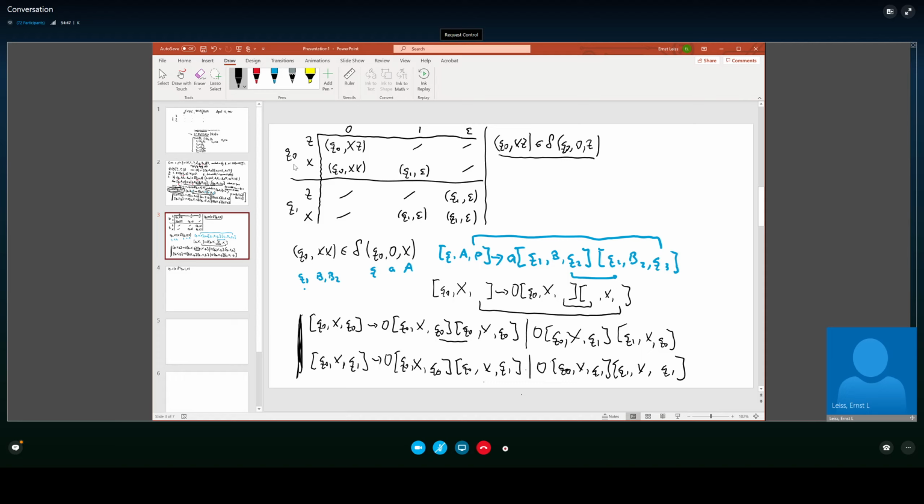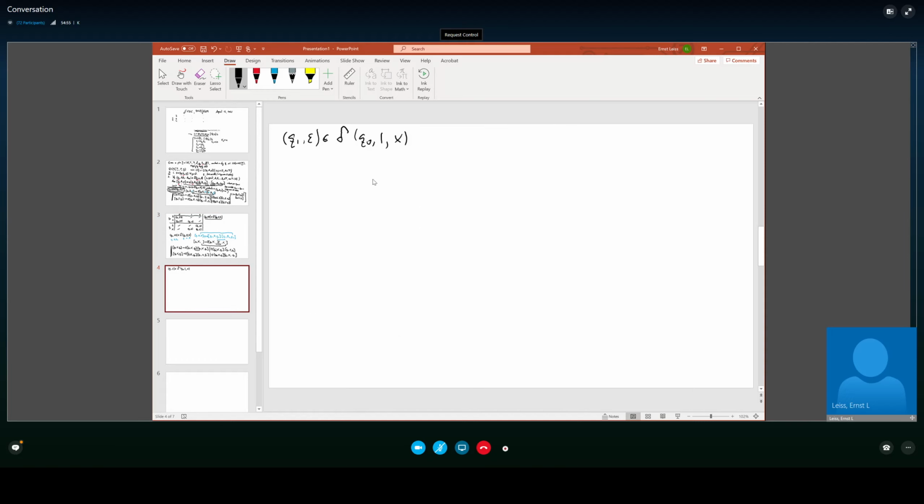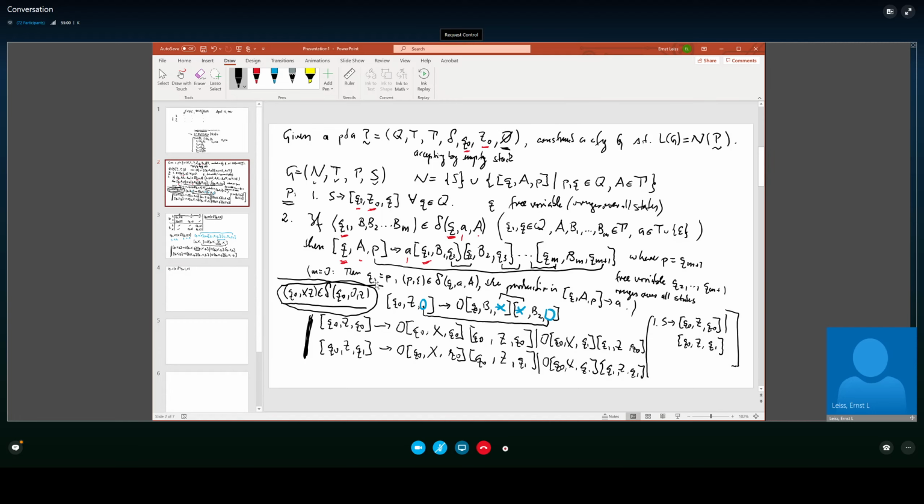Q1 epsilon is in Q's delta of Q0, 1 and X. That's what that is. And in this case, we're looking at the special case. In this case, we have Q1, that Q1 is P, so we're going to get exactly a single production because, well, we have two states, and so 2 to the power of 0 is 1.